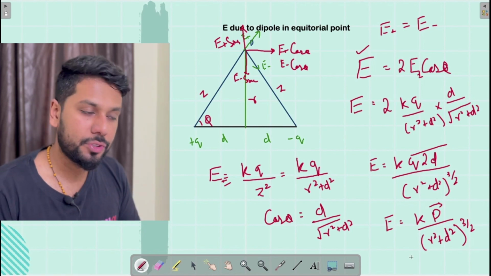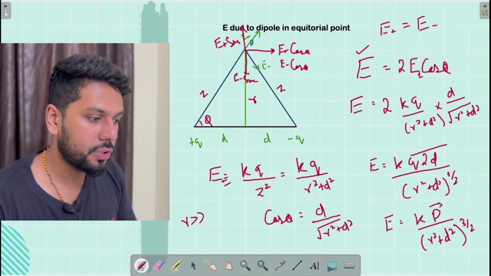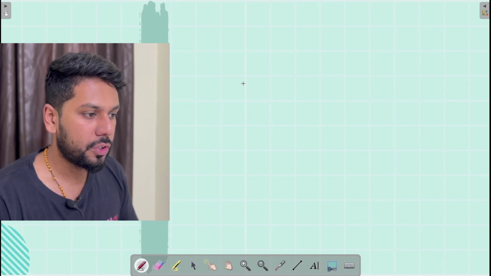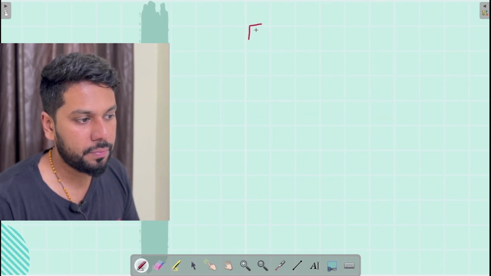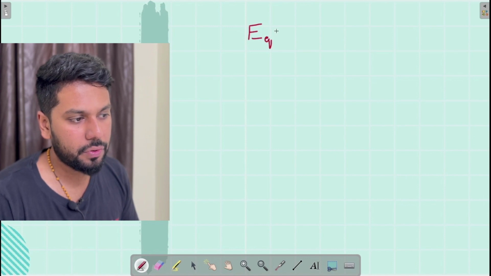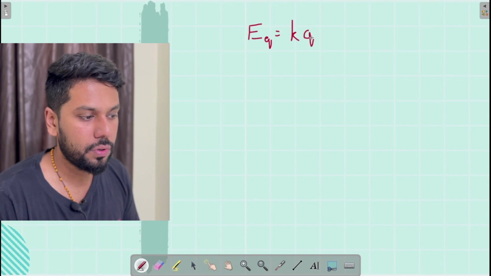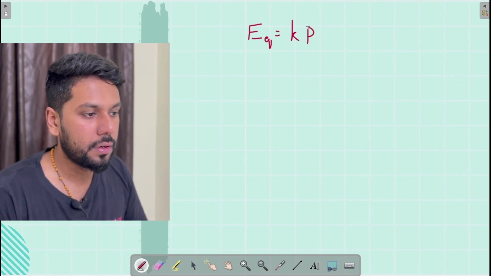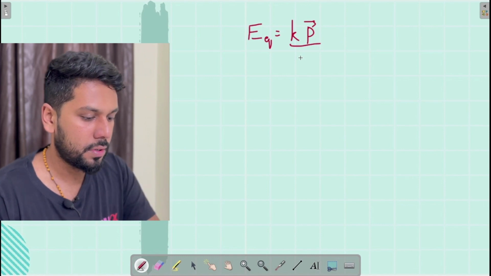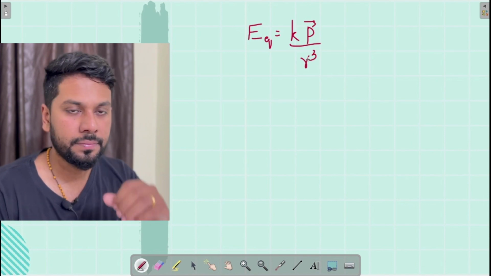Now I can bring my assumption again here. If I bring my assumption that R is very much greater than D, my new equation is going to become, for the equatorial point, my electric field due to equatorial point is K P divided by R power 3.